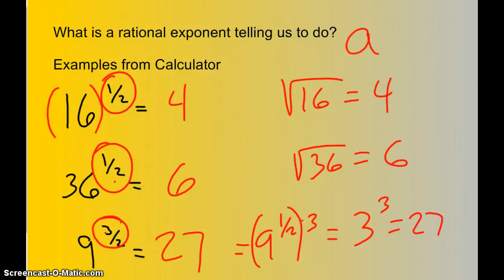If we have a to the x over y, x is the power, y is the root. So the number on top says raise it to that power. The number on bottom says take that root of the number.